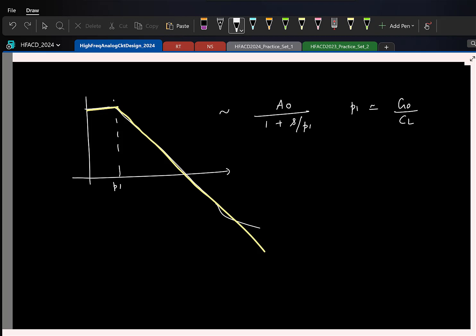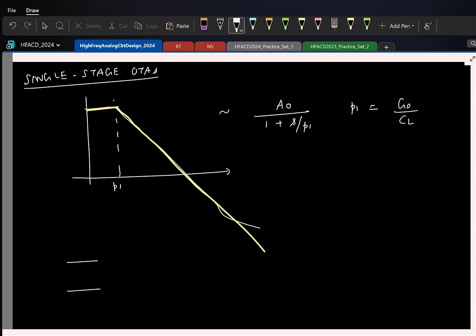For that matter, all the single stage OTAs that we have seen so far, you can typically approximate as a first order system, assuming the dominant pole is at a much lower frequency and all the other poles occur further away. That's how we typically model a single stage OTA.